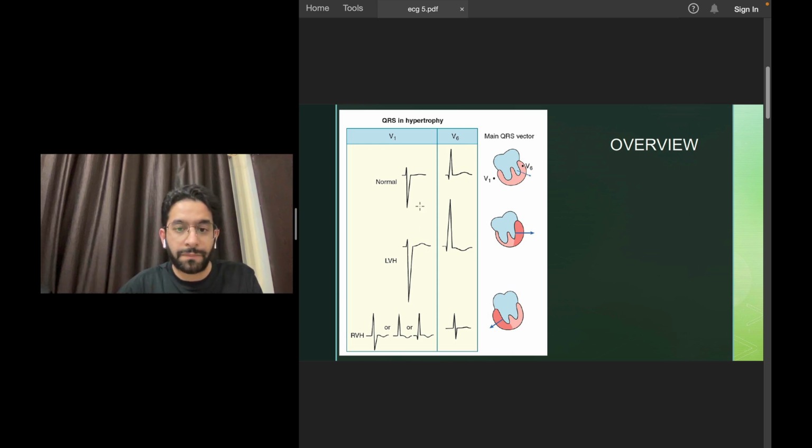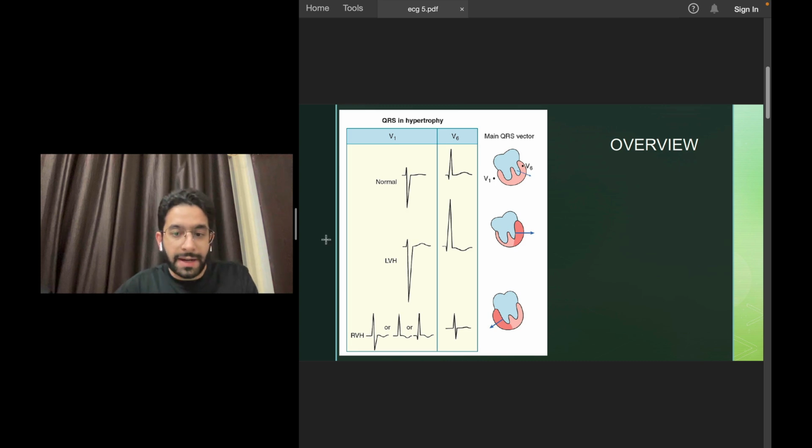So the R wave in the left-sided leads, remember V6, V5, lead 1, aVL, is very tall. On the opposite side, in the right-sided lead V1, the S wave, which was due to left ventricular depolarization, becomes deep. So a deep S in V1 and a very tall R wave in lead V6. This is left ventricular hypertrophy.